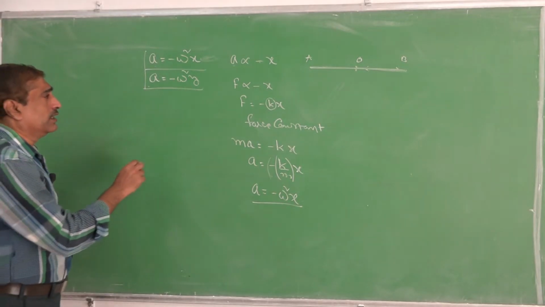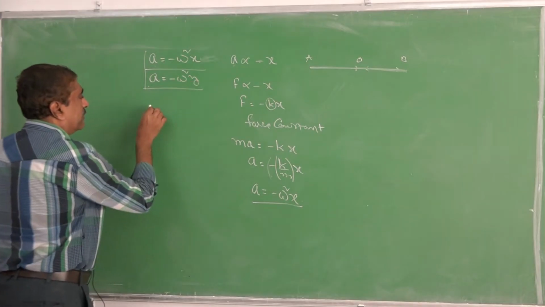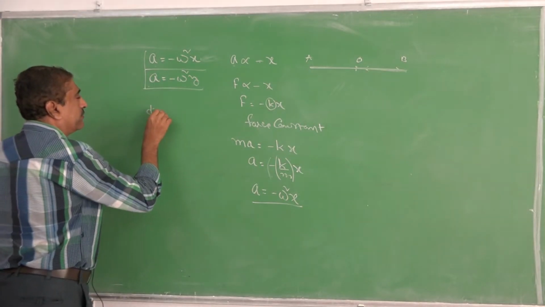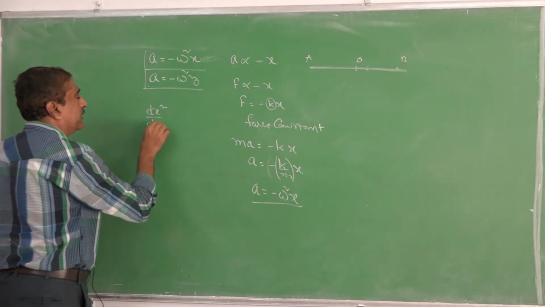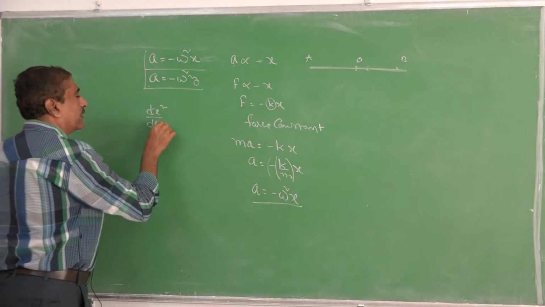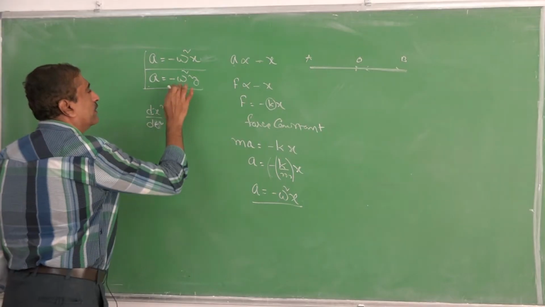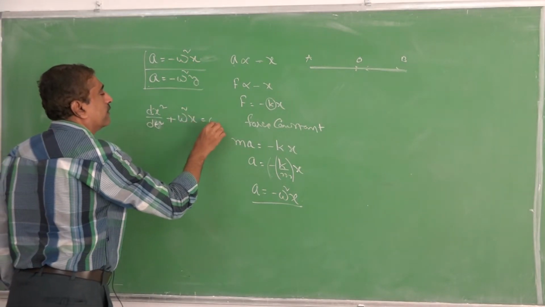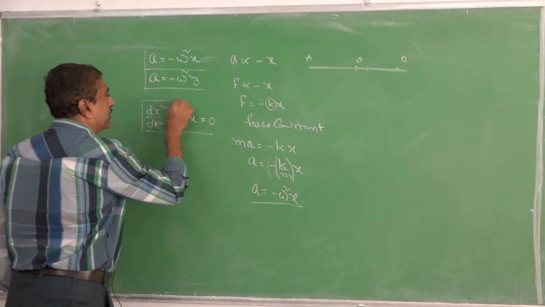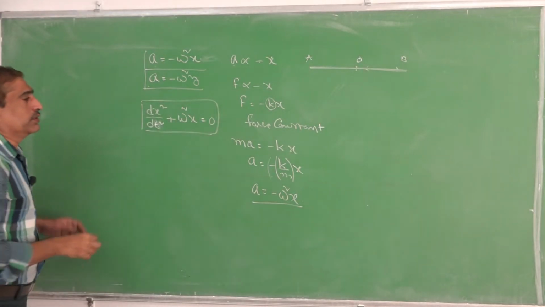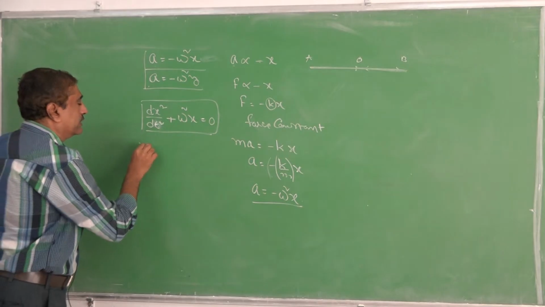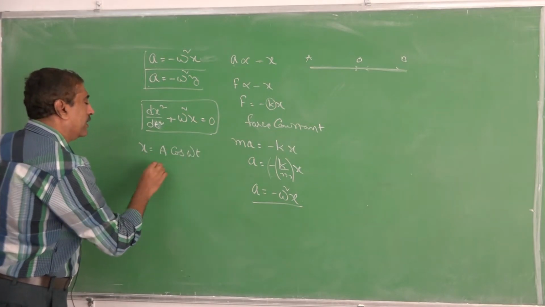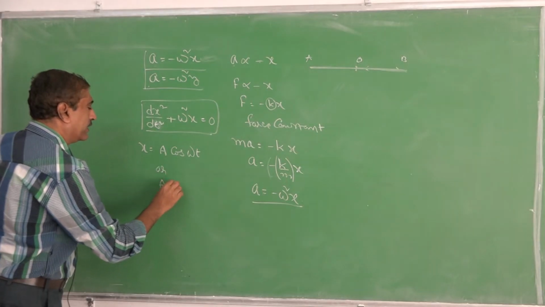Now, from this equation we can write acceleration as d square x by dt square. Writing from this equation, d square x by dt square plus omega square x is equal to 0. This is the differential equation. The solution of this differential equation is x equal to a cos omega t or a sin omega t.